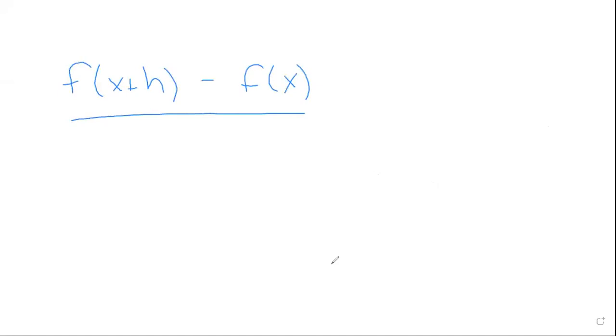Then we need to divide it by x2, which is x plus h, minus x1, which is really just x. So the bottom just simplifies. This cancels with this. So that's why our bottom just simplifies to h when we're dealing with difference quotients.